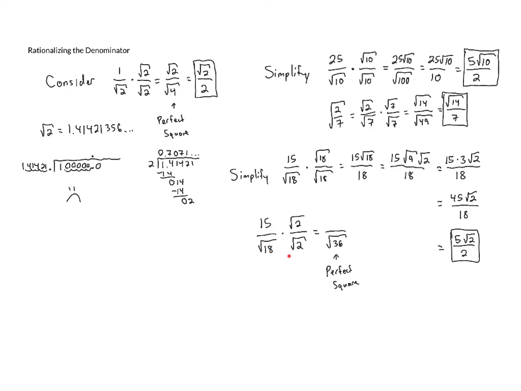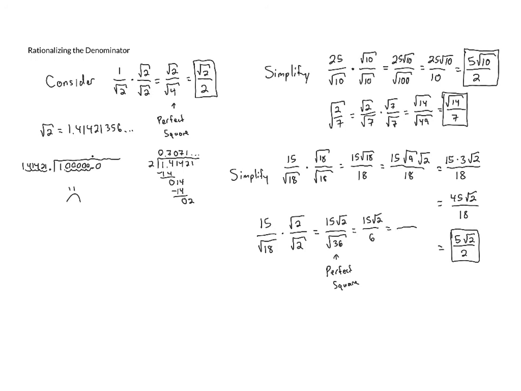If we can multiply it by a much smaller number and get a perfect square, that's going to be less work to do. Now in the top we have to multiply as well. That's going to give us 15 root 2. Now we can evaluate the bottom. The square root of 36 is 6. So we've got 15 root 2 over 6.